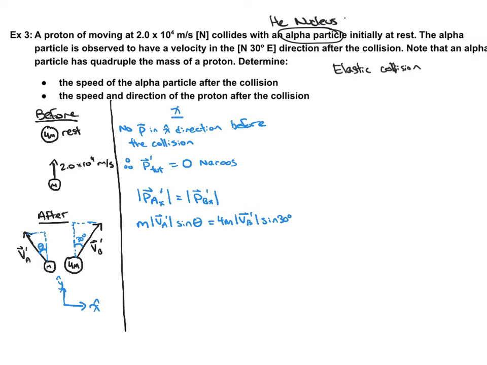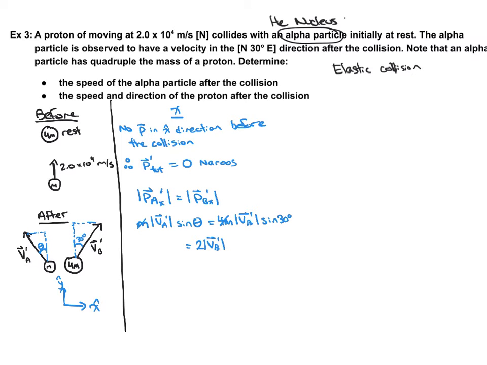So I have an m on both sides that will cancel out. I'll do a little more simplification. I know that sine of 30 is equal to 1/2. That's a special ratio. So when I do 4 times 1/2, I end up with 2. So on the right side, I'll have 2 vB prime.